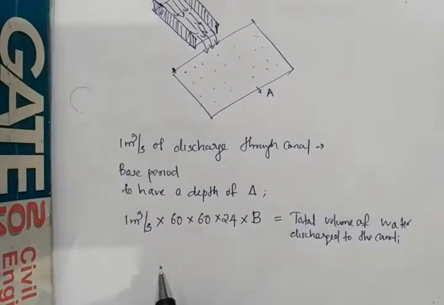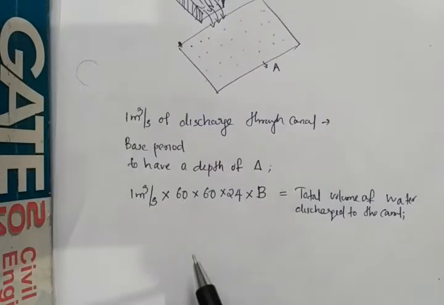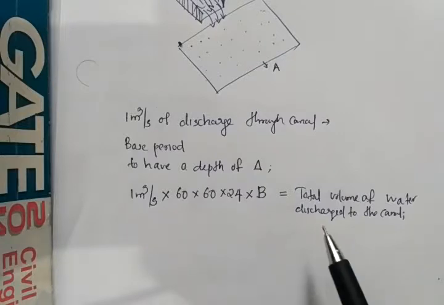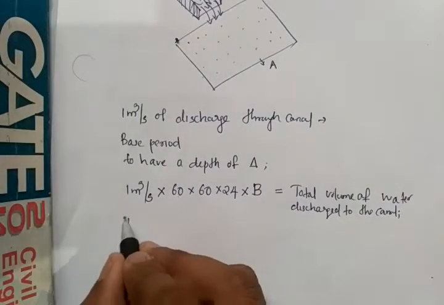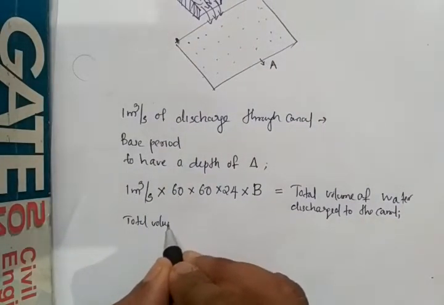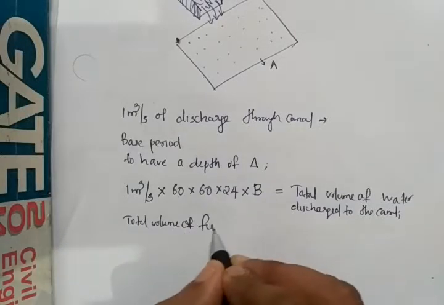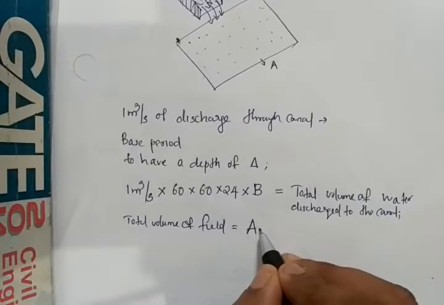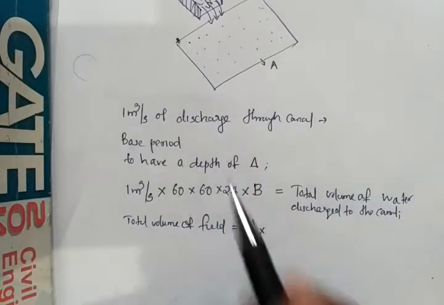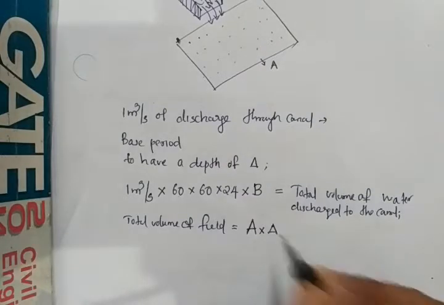And here we are taking that this complete volume of water is retained in the field, such that the total volume discharged by the canal is equal to the total volume retained in the field. That is, the total volume of field is equal to the commandable area, that is area, into the depth, that is delta.